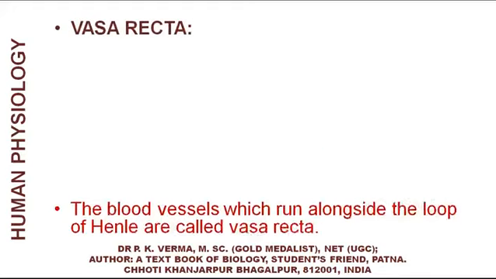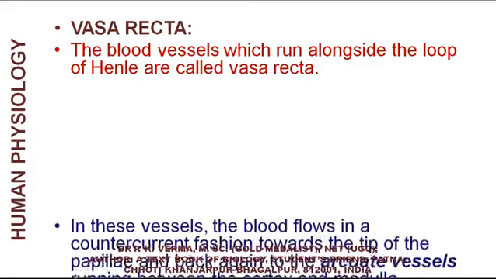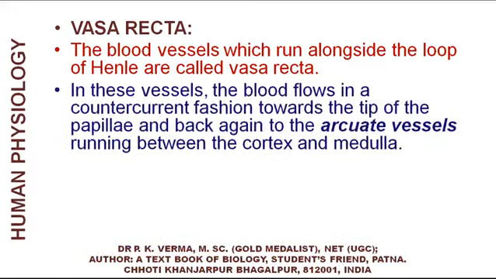Now the vasa recta are the capillaries around the renal tubules. The blood vessels which run alongside the loop of Henle are called vasa recta. In these vessels, the blood flows in a countercurrent fashion towards the tip of the papillae and back again to the arcuate vessels running between the cortex and medulla.